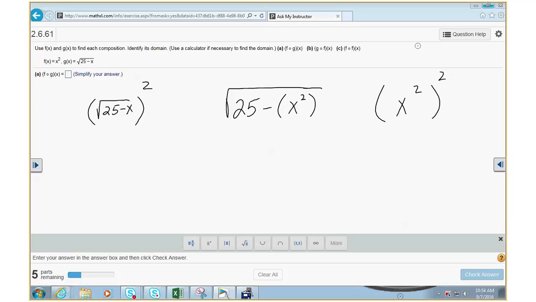Now just simplify them. What happens to these two guys? They go out and you're left with what? 25 minus this. 25 minus x squared comes out to be what? 5 minus what? x. 5 minus x. Follows me a little bit.